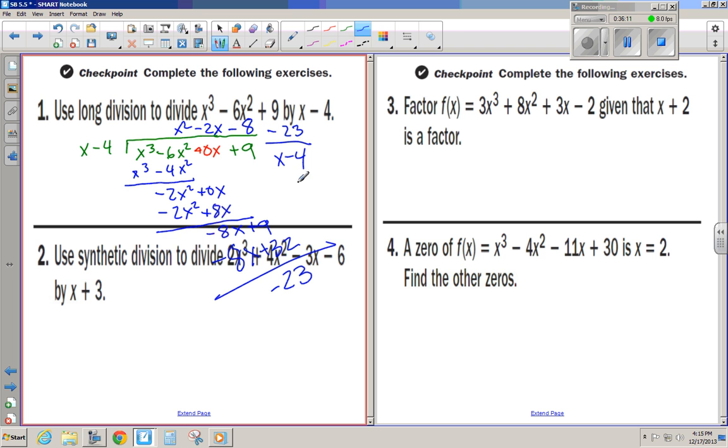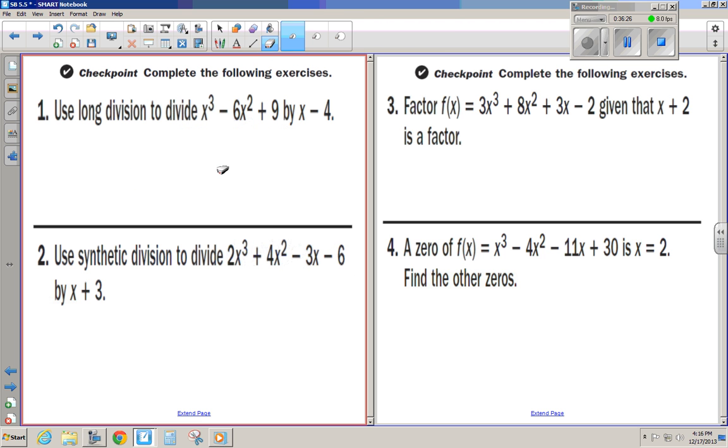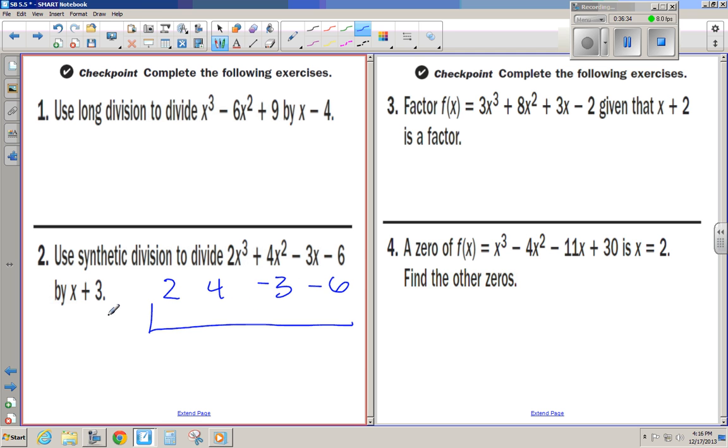That's your solution. Now pause the video if you want to be able to write the rest of this down. I'm going to continue on with the other checkpoint questions. So synthetic division. You put the coefficients across the top. You put the value that makes this equal to 0 and work it out.